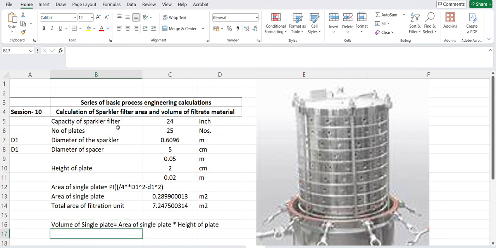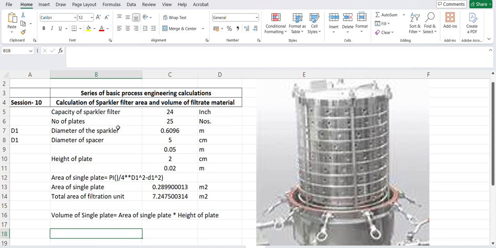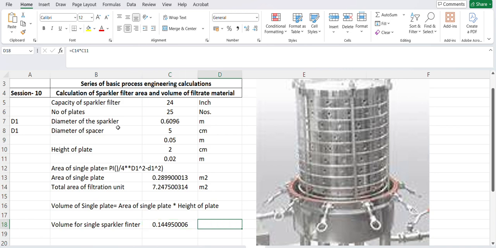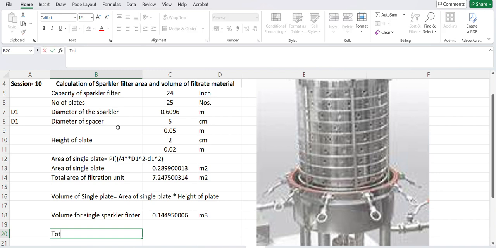Using this formula we can calculate the volume for the single plate as well as the total sparkler filter. First we calculate the volume for a single sparkler filter plate: its area in meter square into the height of plate in meter, so it is in meter cube for a single plate.